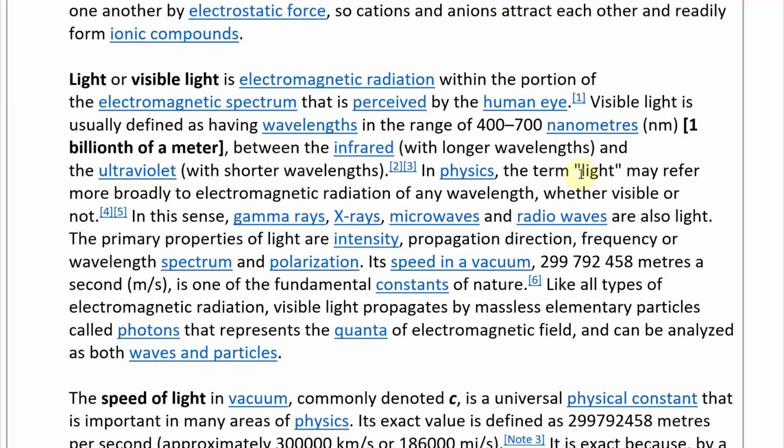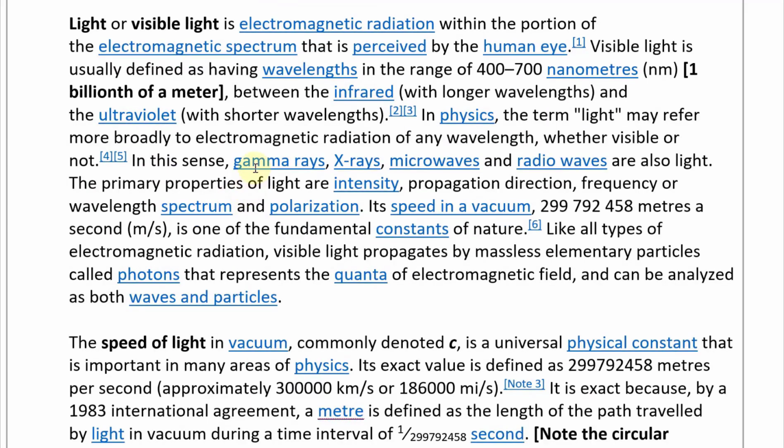In physics, the term light may refer more broadly to electromagnetic radiation of any wavelength, whether visible or not. In this sense, gamma rays, X-rays, microwaves, and radio waves are also light. The primary properties of light are intensity, propagation direction, frequency or wavelength spectrum, and polarization. I'll get to polarization in a bit.